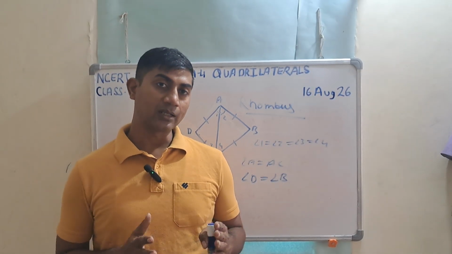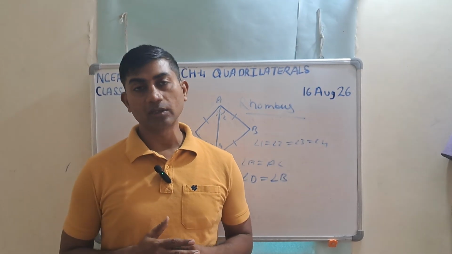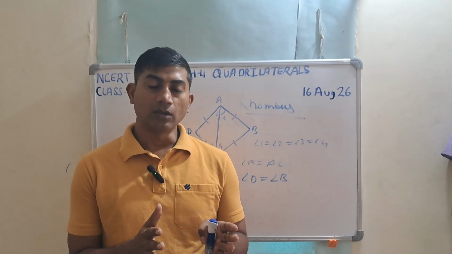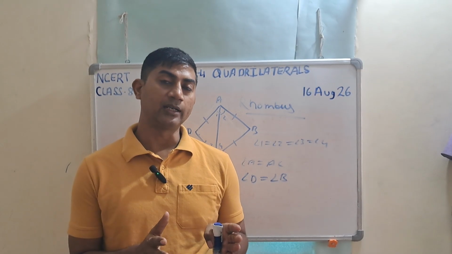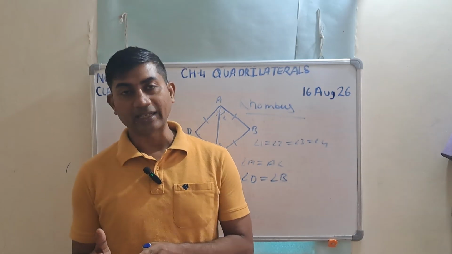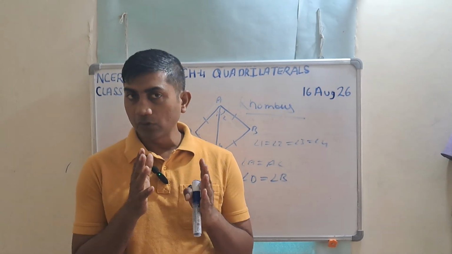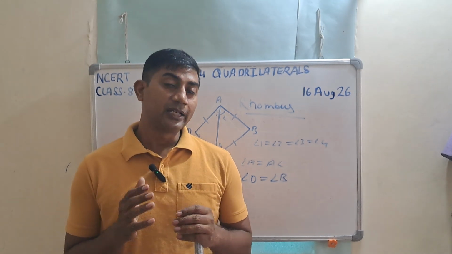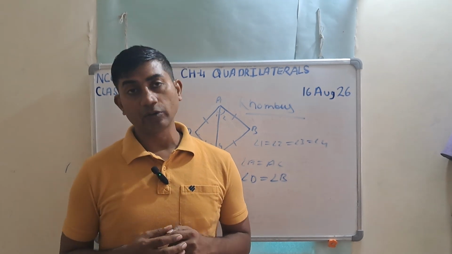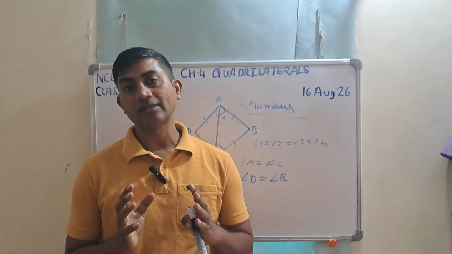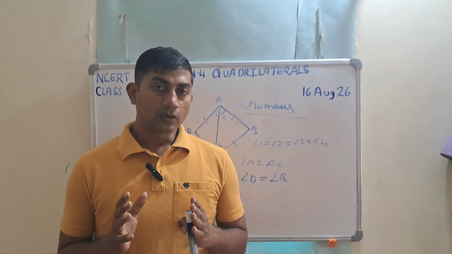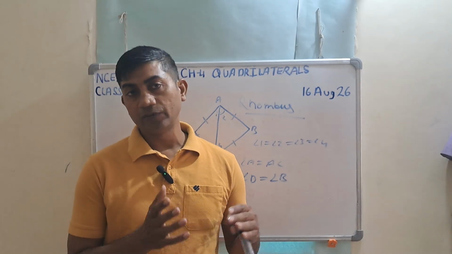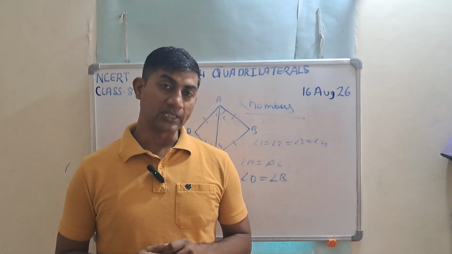And if you compare the rhombus and rectangle, you conclude that only the square is the quadrilateral which is a rectangle and also a rhombus.